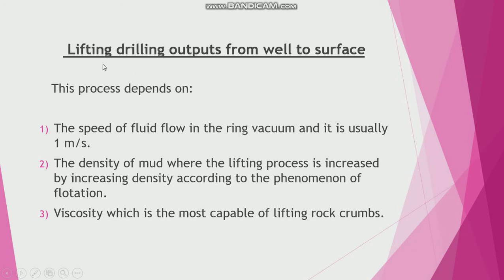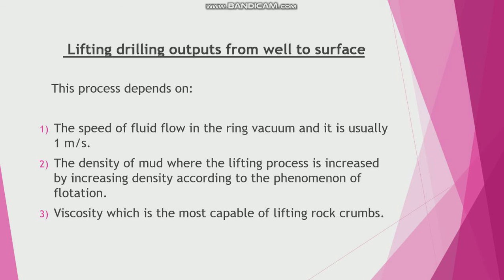First, we will discuss how the mud lifts the drilling outputs and products from the well to the surface. This process depends on three factors. Number one, the speed of fluid flow in the annulus, and it's usually 1 meter per second or 0.5 meter per second.